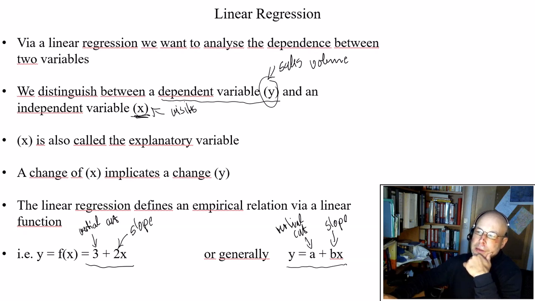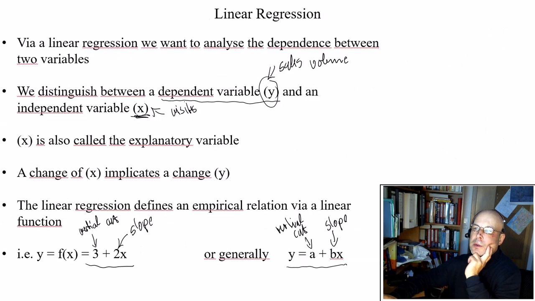And then you make just the assumption that you have to estimate the slope. So what would be the increase of my profit y if I increase my number of employees by 1? And of course, a linear line is defined by the slope and the cutting point of the vertical axis.